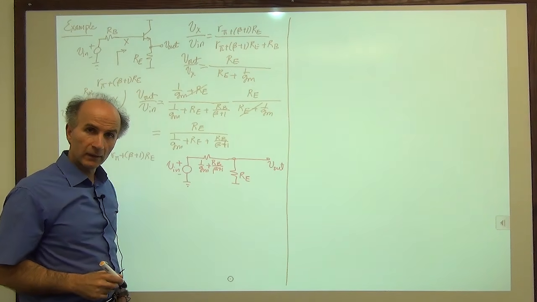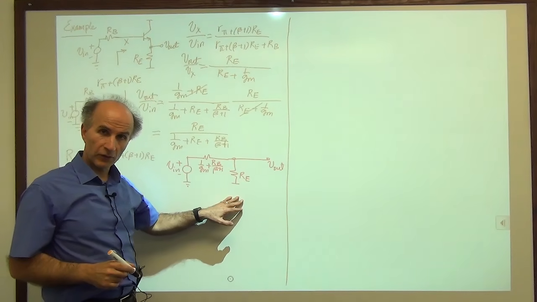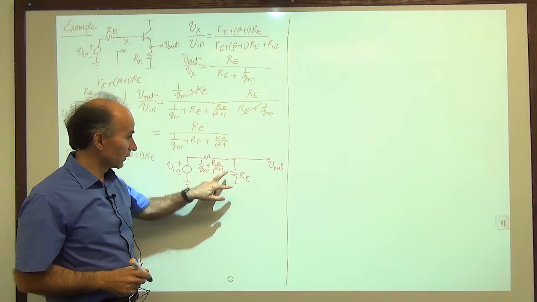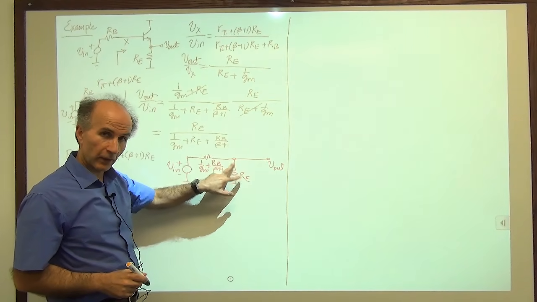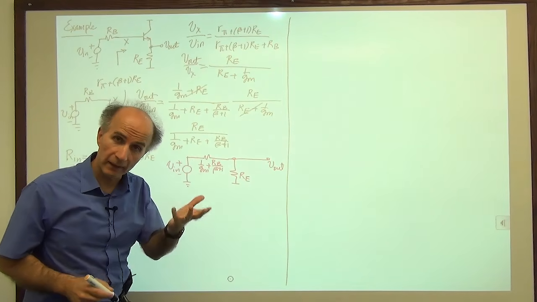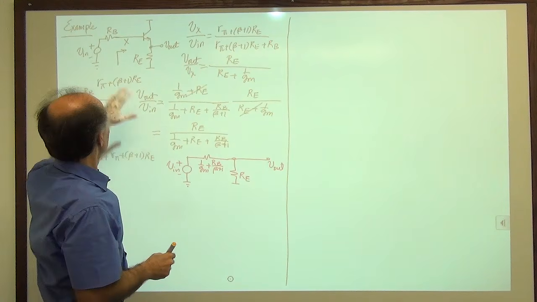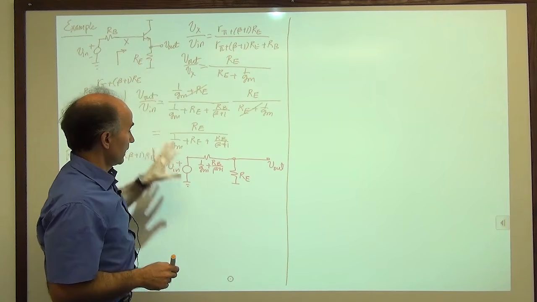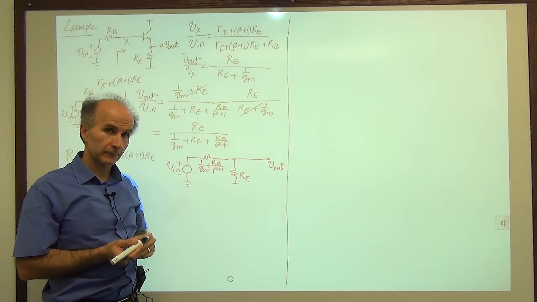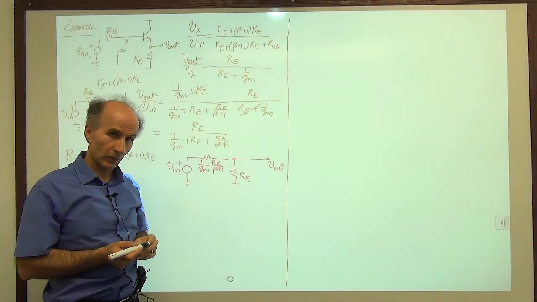Is that correct? This is an attenuator, right? A voltage divider whose gain or loss is equal to Re divided by Re plus this. So equivalently, we can view the operation of the circuit as the operation of a voltage divider. Okay.